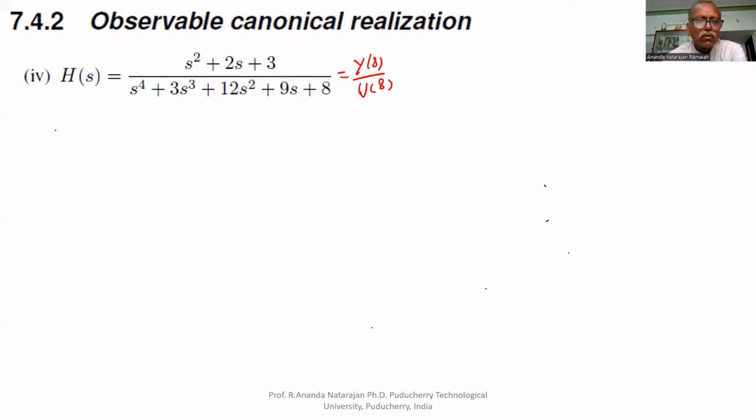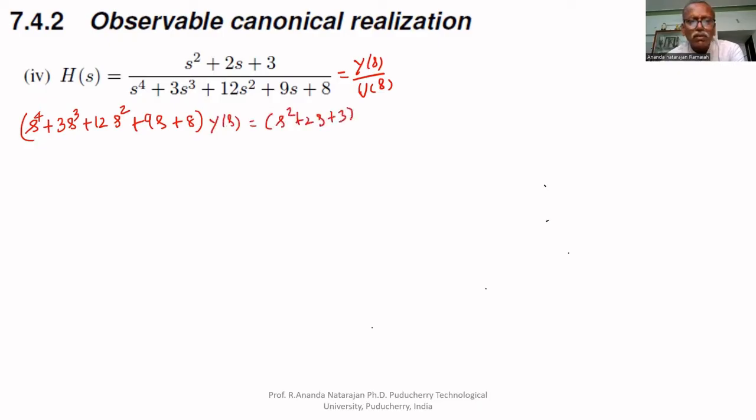If you cross multiply, you will get s power 4 plus 3s cube plus 12s square plus 9s plus 8 multiplied by Y of s equal to s square plus 2s plus 3 times U of s.